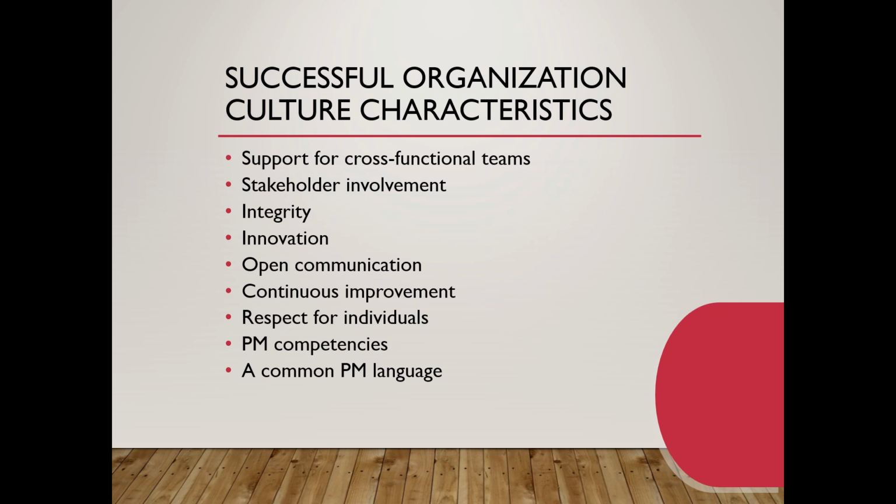How much priority does the organization give to stakeholder involvement, integrity of the organization, innovation potential of the employees in the organization, innovation potential of the business, open communication, the culture of communication, the continuous improvement process, the respect for individuals, the project manager's competencies? Is there a common language that a project uses?